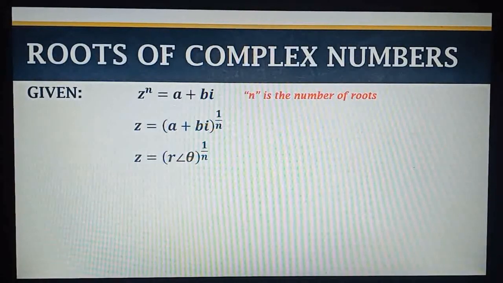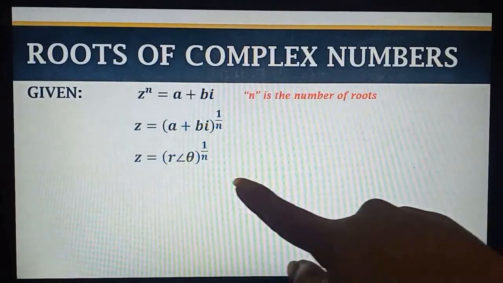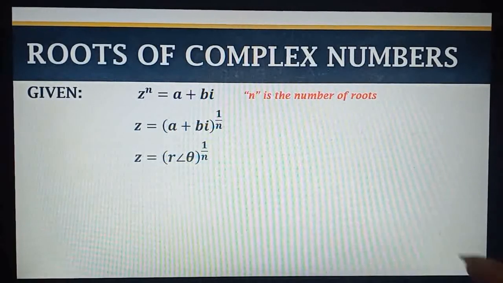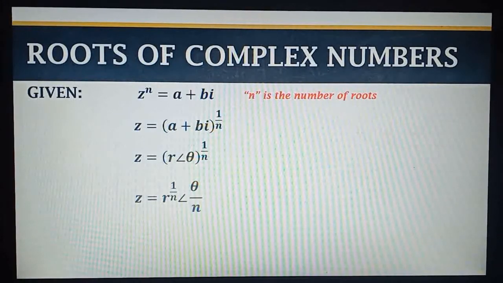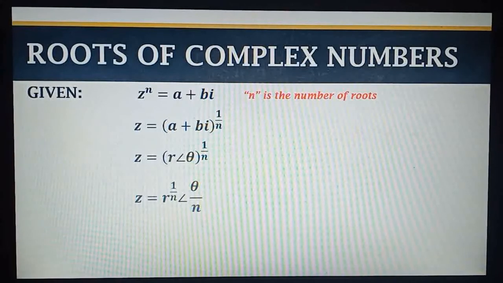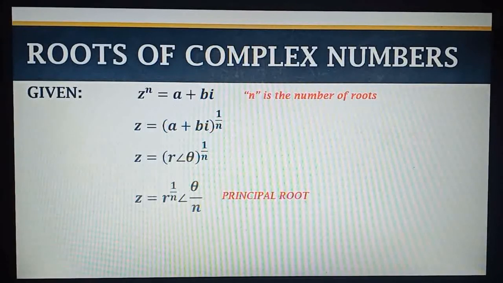So a plus bi will be converted into r at angle theta. Then naka-raise siya sa 1 over n. So para ma-evaluate, you will now have z equals r raised to 1 over n at angle theta over n. So this is considered your principal root or the first root of the equation.